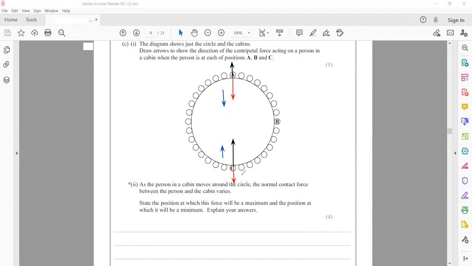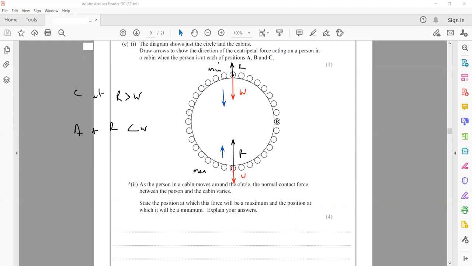The red arrow is representing the weight and the black arrow is representing the normal contact force. So the normal contact force must be greater than W at point C, but at A the normal contact force should be less than W, so that it will create a resultant force towards the center. So we can say at C the normal contact force will be maximum and at A it will be minimum.